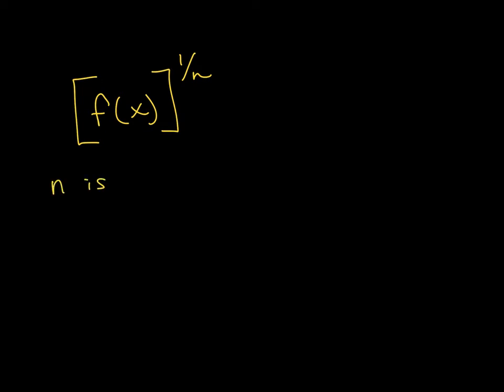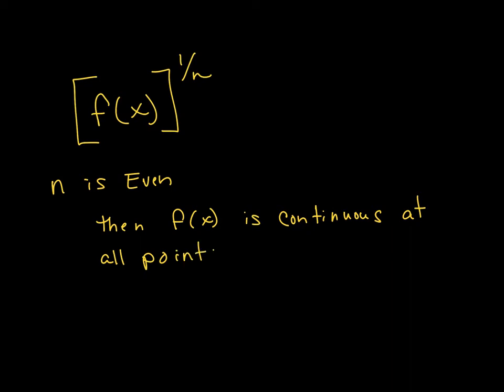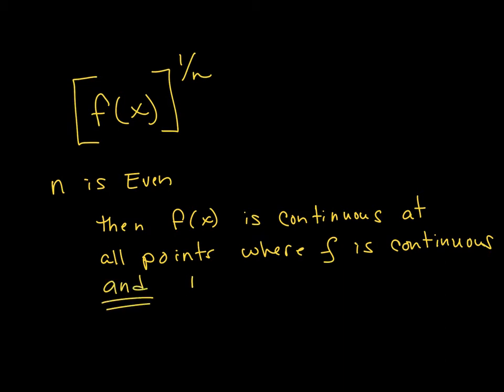If n is even, then we know that f of x to the 1 over n is continuous at all points where f is continuous and f of a is greater than 0.